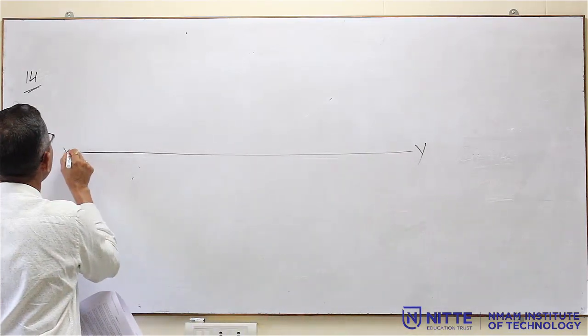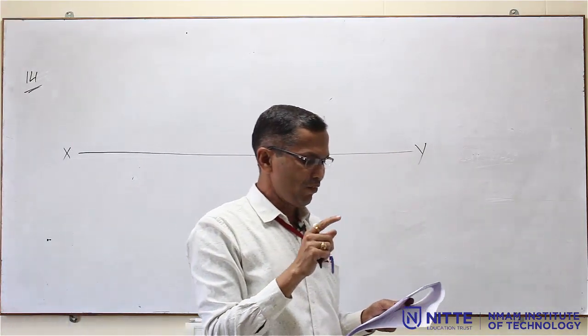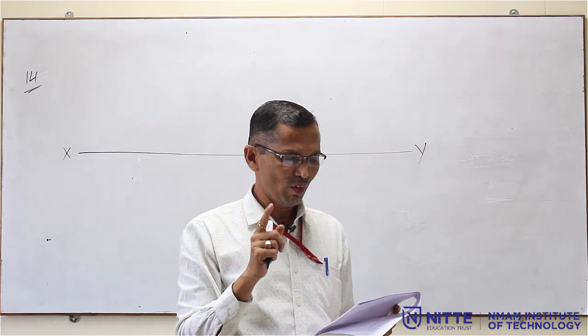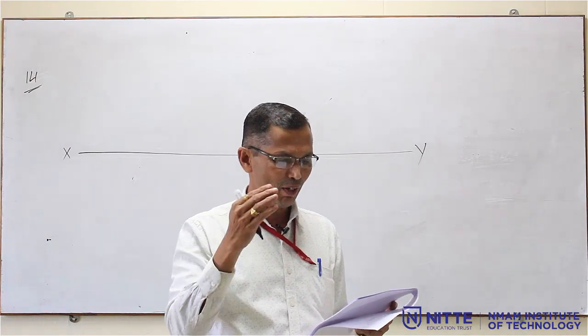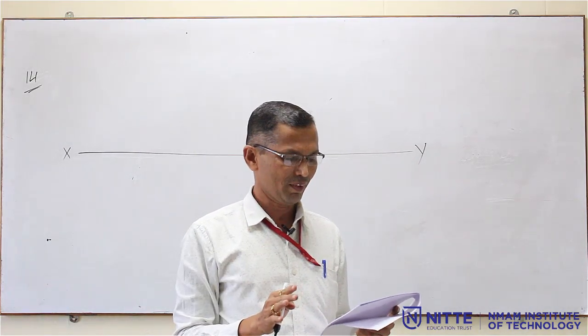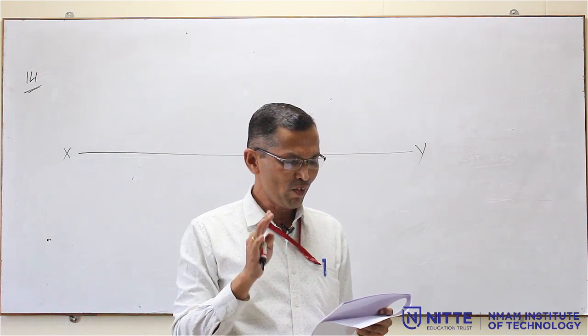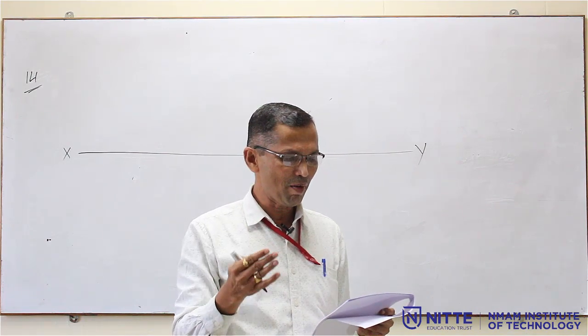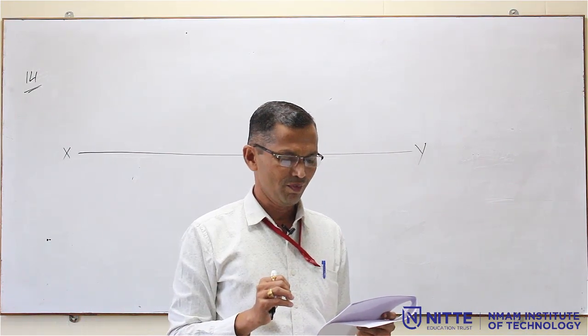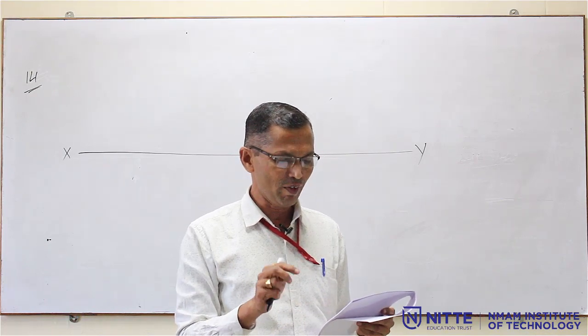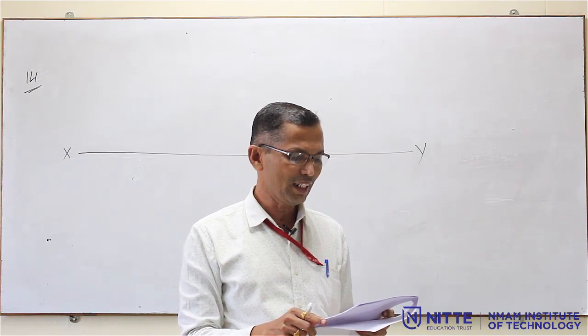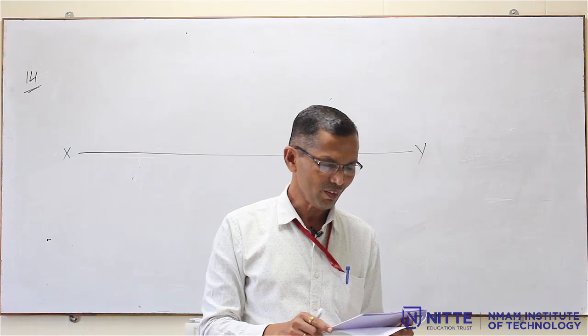So, this is the xy line. The difference between the distances of the views of a point lying below xy line is 40 mm. The top view itself is 25 mm below xy line. Draw all the three views of the point and state the quadrant in which the point lies.